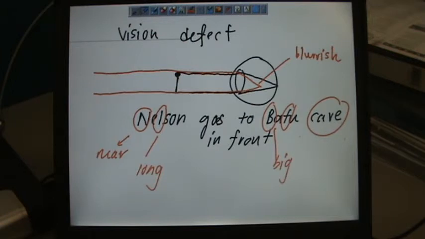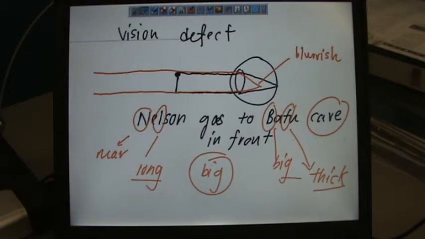But in most of the PMR books nowadays, we don't mention big anymore. And T is thick eye lens. You see, long, big, and thick are all in the realm of big. So you have a fat or thick eyeball, a big eyeball, a thick lens, or a long eyeball, whatever it is.